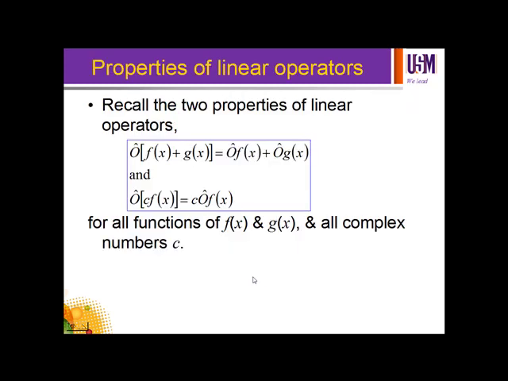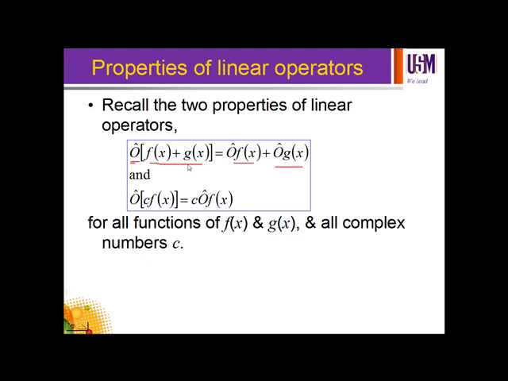Recall again the two properties of linear operators. If you have an operator acting on a combination of two functions f and g, then this must be equal to the operator acting on each individual function, such as the operator O in the square bracket f plus g.